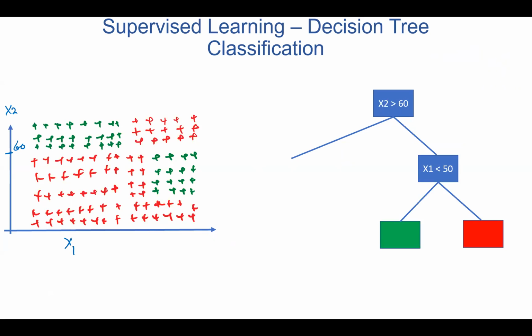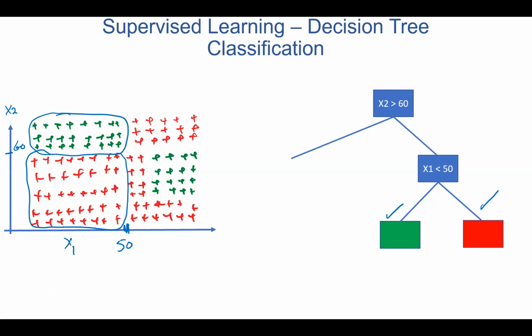If x2 is greater than 60 and x1 is less than 50, then it's always the green class. I'm actually doing this classification. Otherwise, it's these data points. These data points are always red, right?